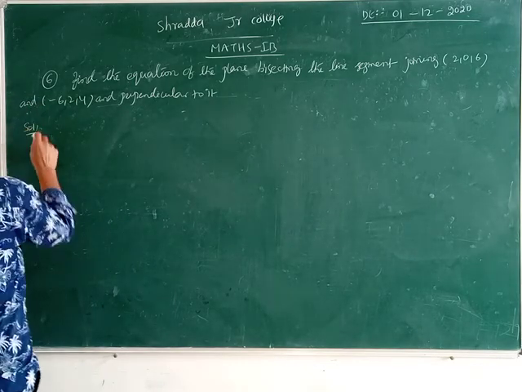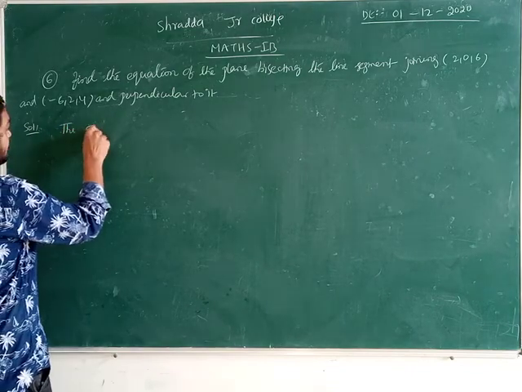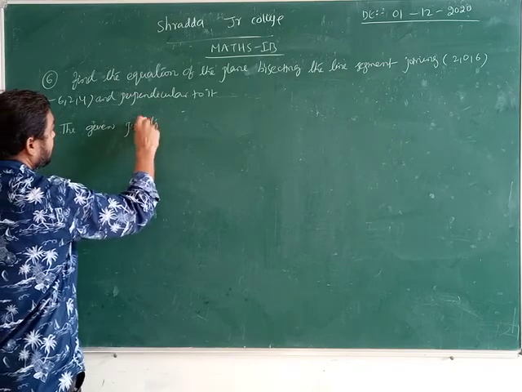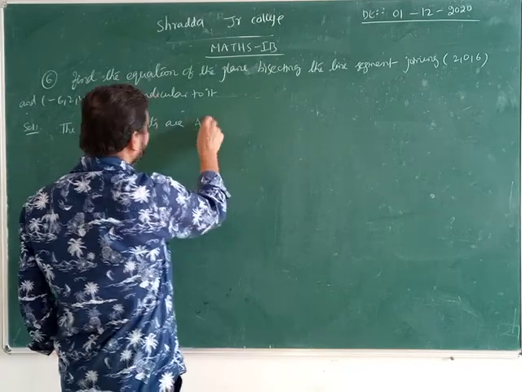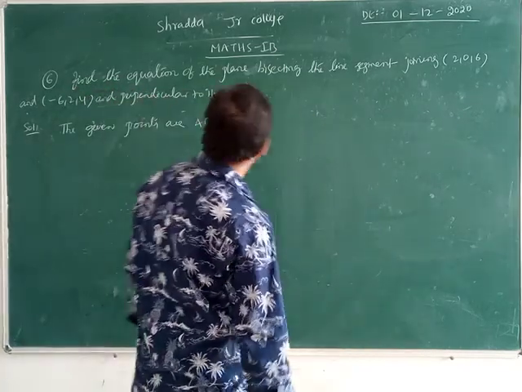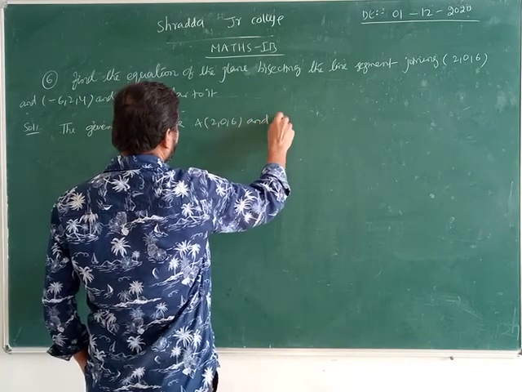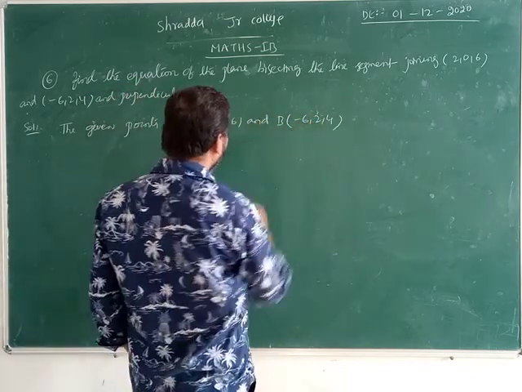See here, what are the given points? The given points are A (2, 0, 6) and B (minus 6, 2, 4).